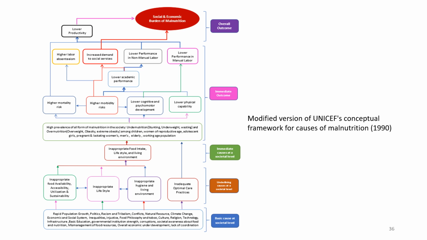So, this inappropriate food intake, inappropriate lifestyle, and inappropriate living environment, in addition to inadequate optimal care practices, will result in a high prevalence of all forms of malnutrition in societies. This malnutrition is manifested in the form of undernutrition and overnutrition among children, women of reproductive age, adolescents, girls, pregnant and lactating women, males, the elderly, and working age populations, so that all populations will be affected.